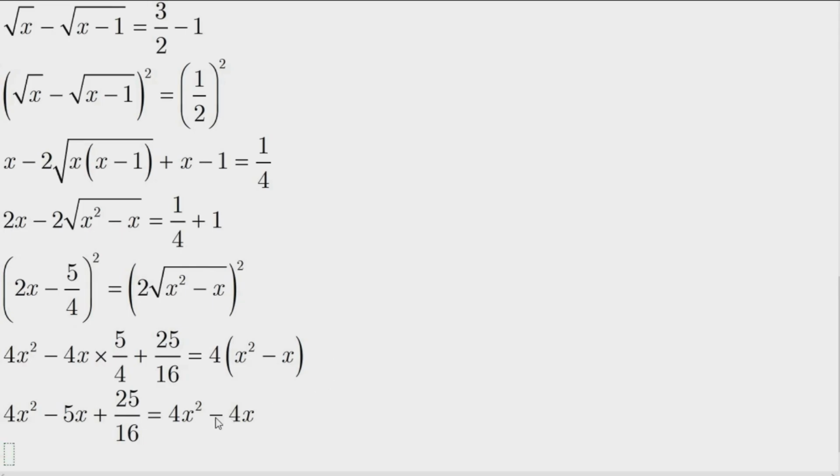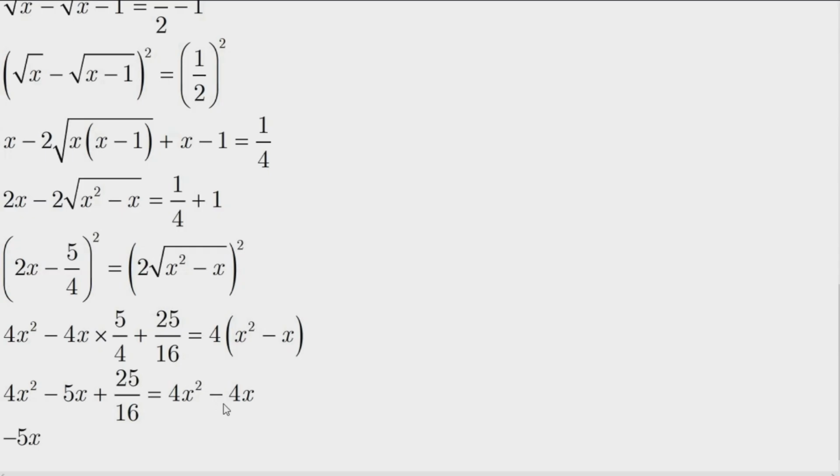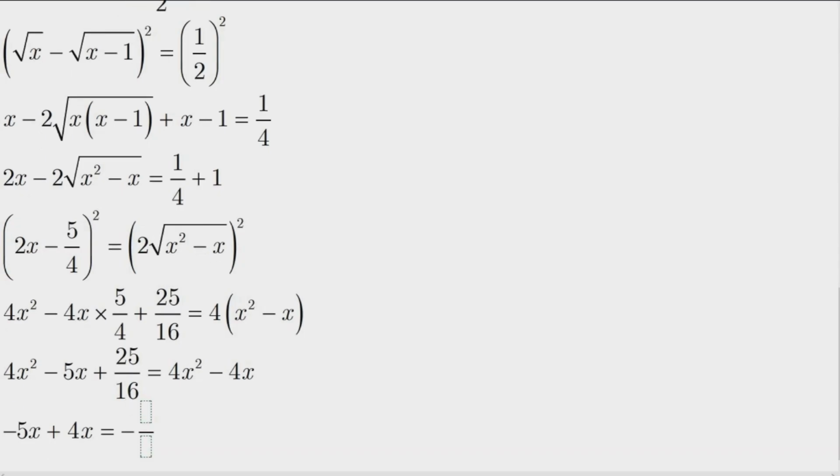Okay, so what we're going to do next here, x squared and here can be simplified with each other. Alright, then the equation which is minus 5x, we move minus 4x to the left hand side, that will be plus 4x, right, plus 4x equal to, we move plus 25 divided by 16 to the right hand side, that will be minus 25 divided by 16.